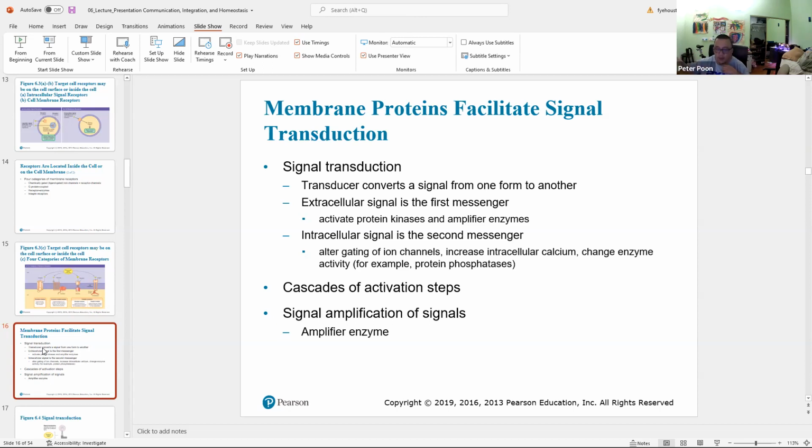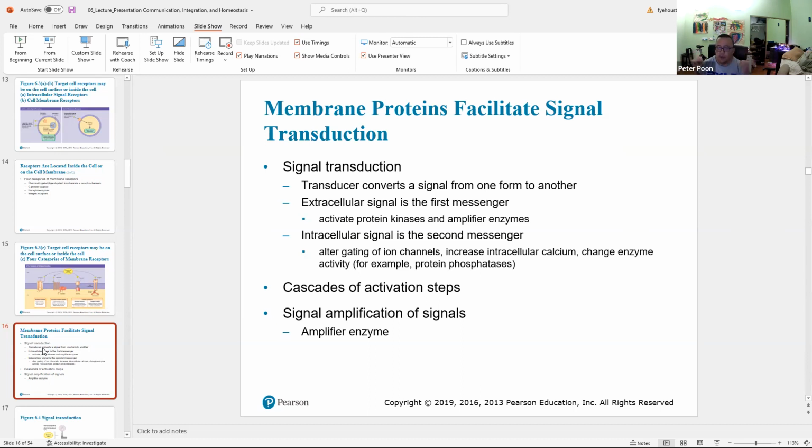So you need another messenger, not just the cell phone, to go through the whole house and turn everything on. To do that, you can't rely on one protein. One protein is small. You have one protein activate 10 proteins, 10 proteins activate 100, 100 activate 1,000.